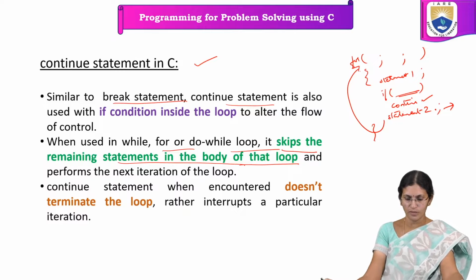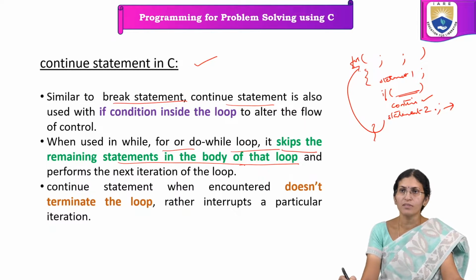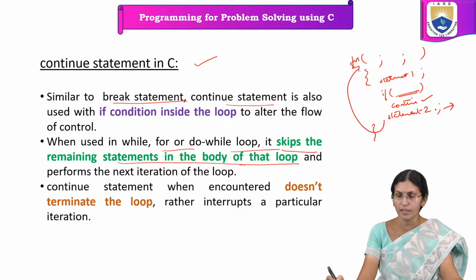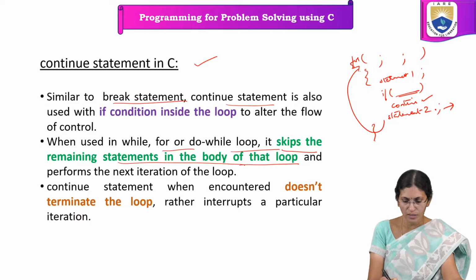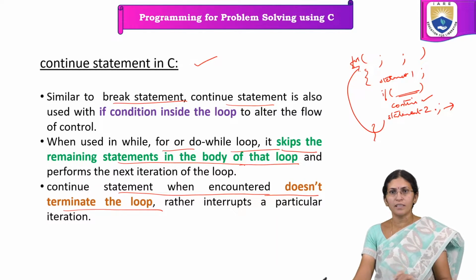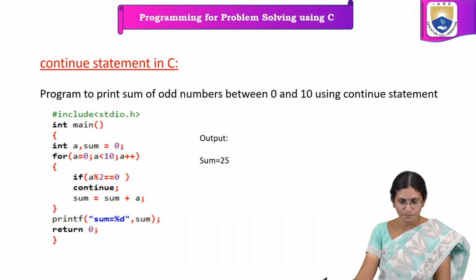So it does not come out of the loop, but it skips that particular iteration and also the statements which follow the continue statement. The continue statement, when encountered, doesn't terminate the loop, rather it interrupts a particular iteration.